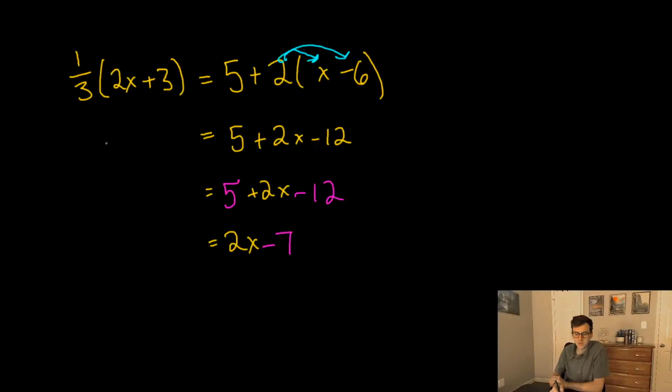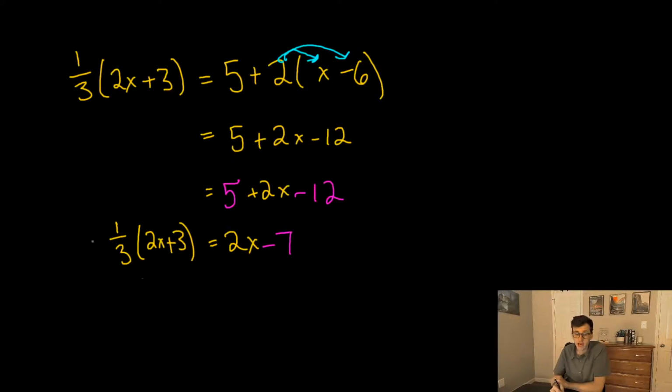Now there are 2 options. I could distribute that 1/3, but that would give me 2/3 x and 1. Instead of distributing that 1/3, what if I multiplied both sides by 3?